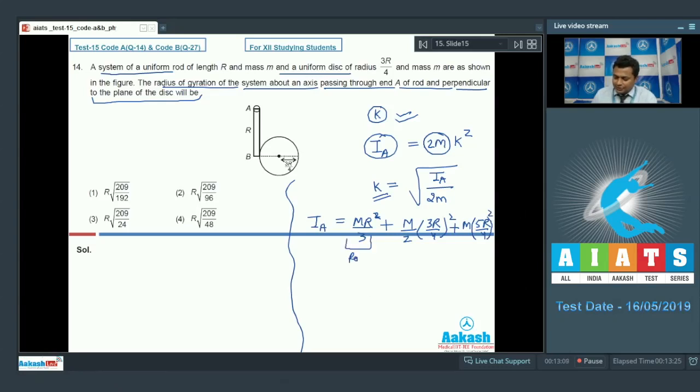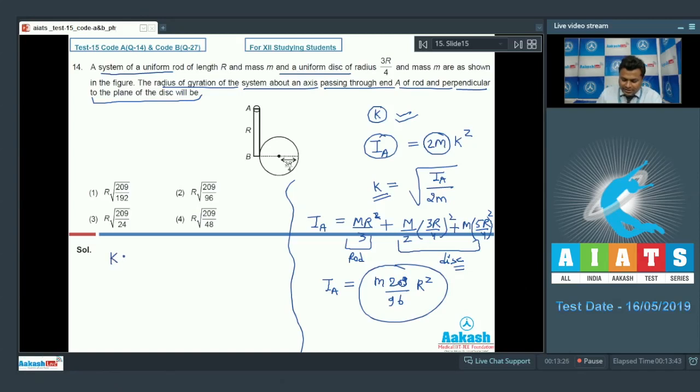This portion is for rod and this portion is for disc. Parallel axis theorem we have applied. Solving it, I_A, we will get m into 209 upon 96 times r square.